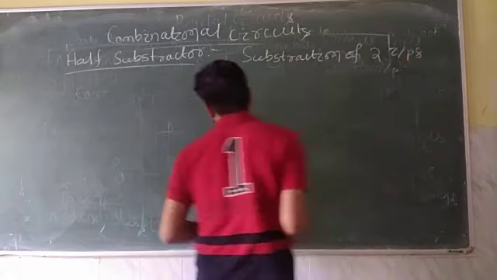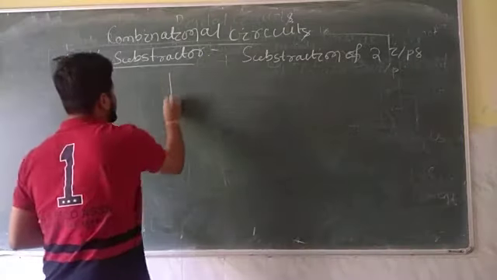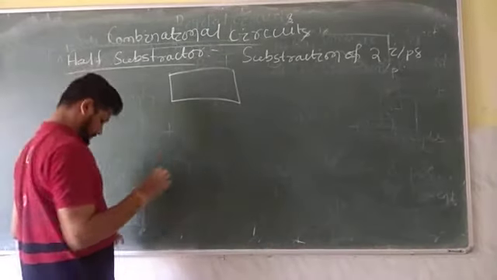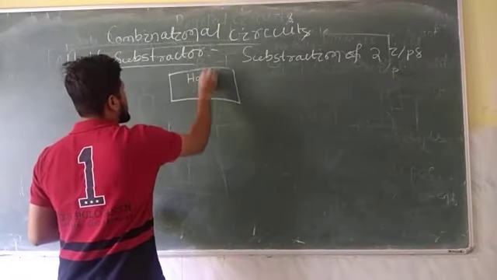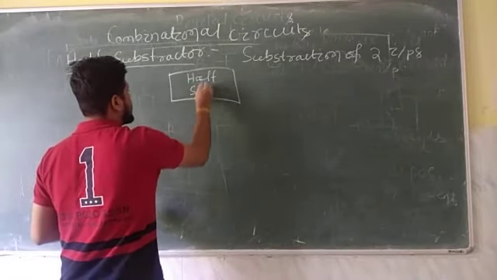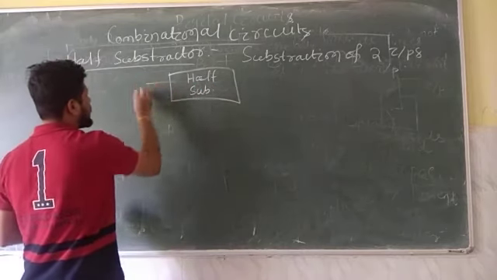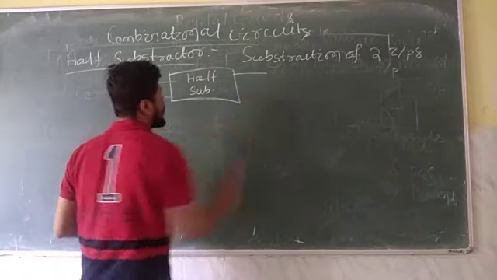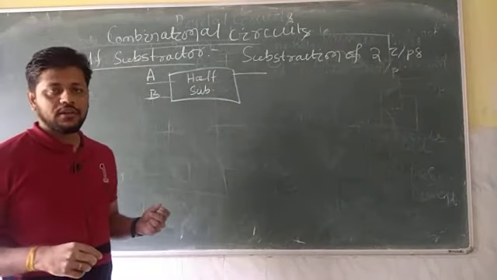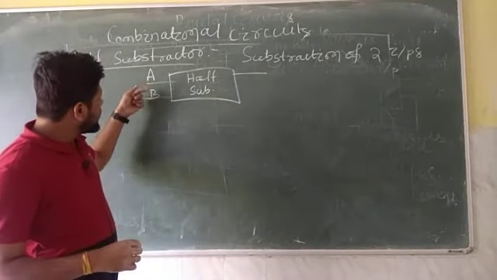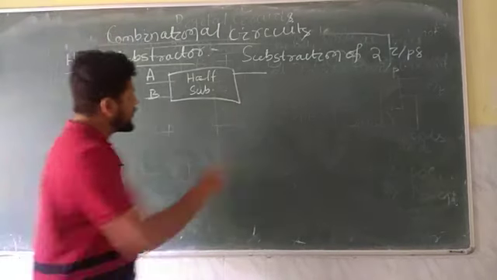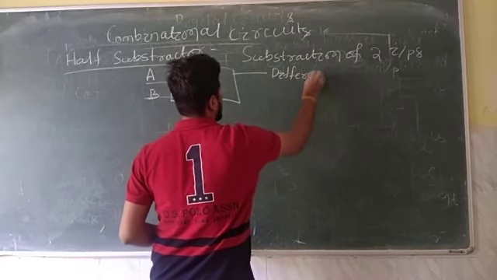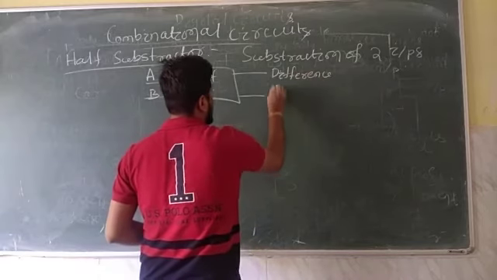So how will the circuit be? We need to take the half subtractor, this is your subtractor circuit. Similarly A, B are the inputs, and here in subtraction we are going to subtract B from A, so the result will be the difference, and the next one is your borrow.